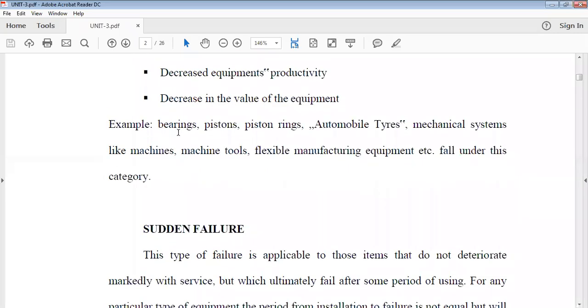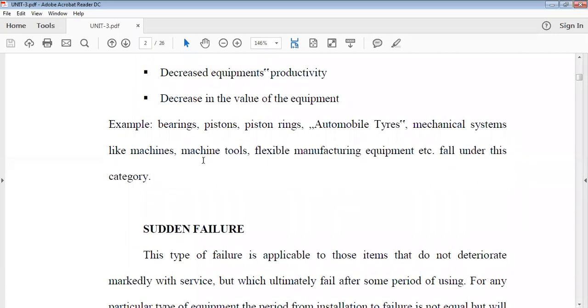Whereas gradual failure means bearings, pistons, piston rings and automobile parts, all of which depend on severe service conditions. If you continue to work 24 hours per day, it may fail within 5 years, and if you work 8 hours per day, it may fail in 3 years.